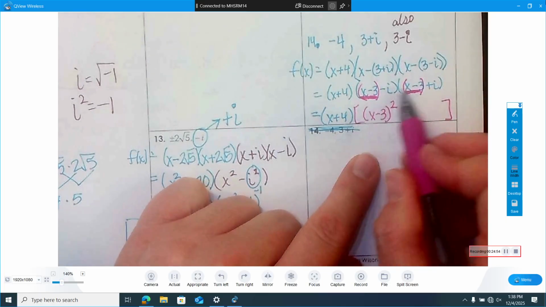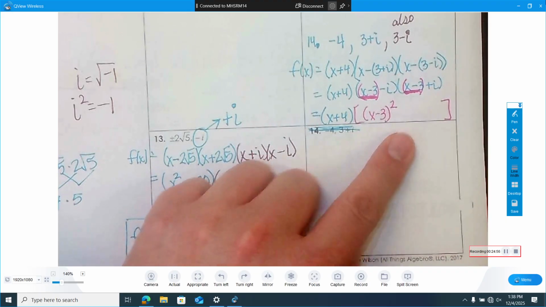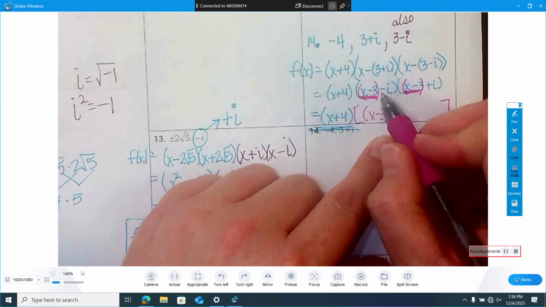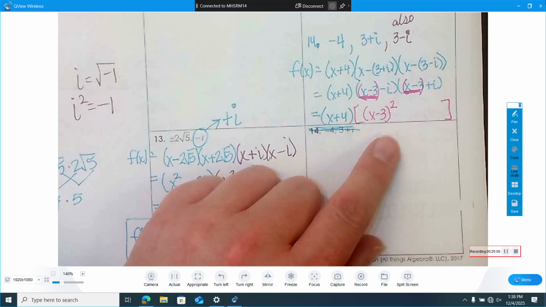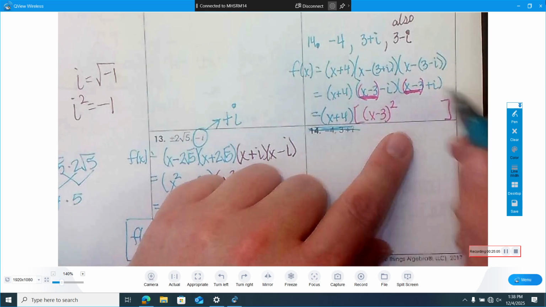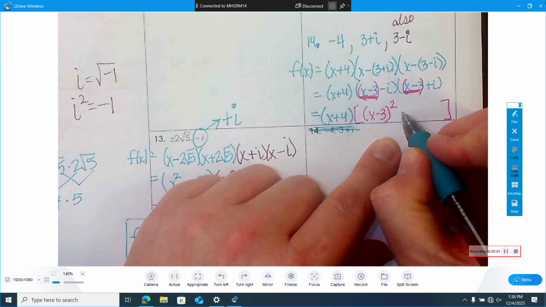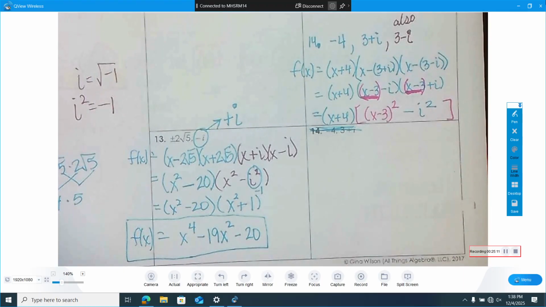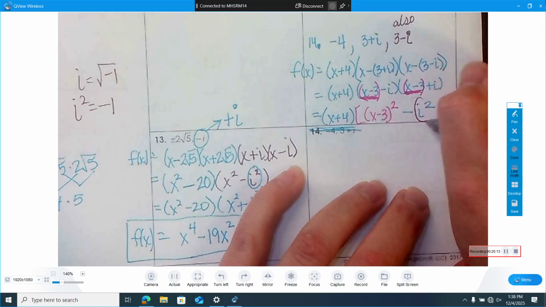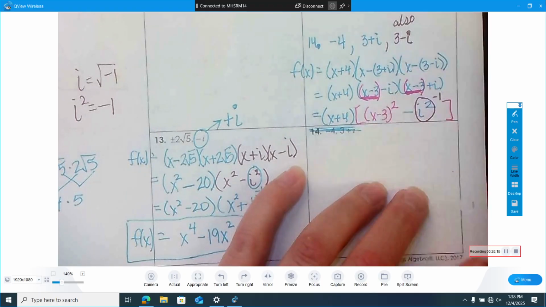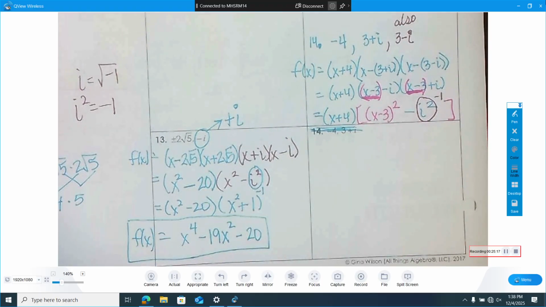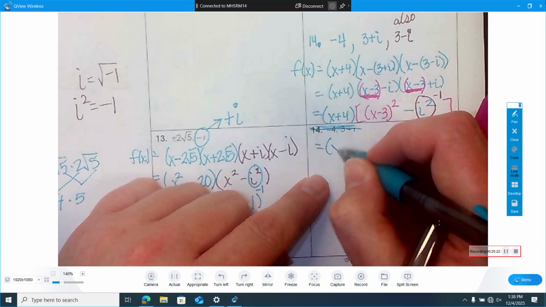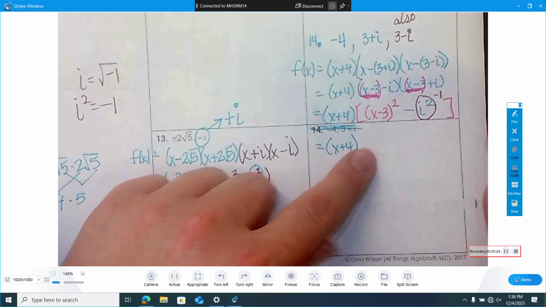So x minus 3 quantity squared, because there's two of them, we're multiplying them together. And then what happens with my outside and inside there? Those will cancel out. And then we have negative i times positive i, which would be negative i squared. And that negative i squared is negative 1. It is going to turn to a plus 1, yes. So I have my x plus 4 just waiting.